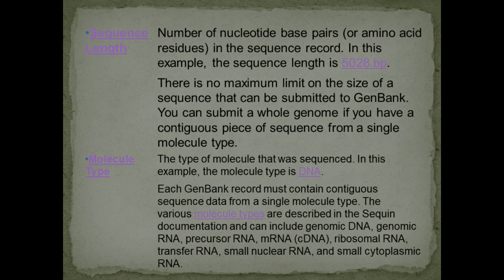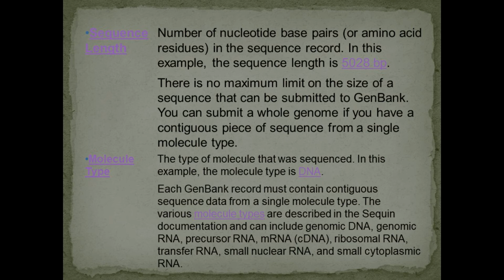Next one is molecule type. The molecule type of the molecule that was sequenced. In this example, you can see DNA. DNA is a molecule type. In our study, the molecule type is protein. Each GenBank record must contain sequence data from a single molecule type.